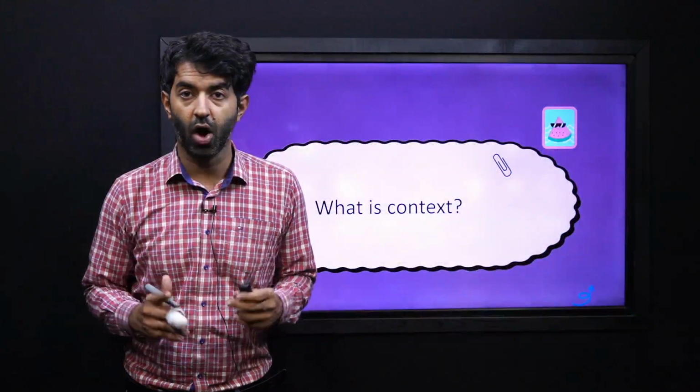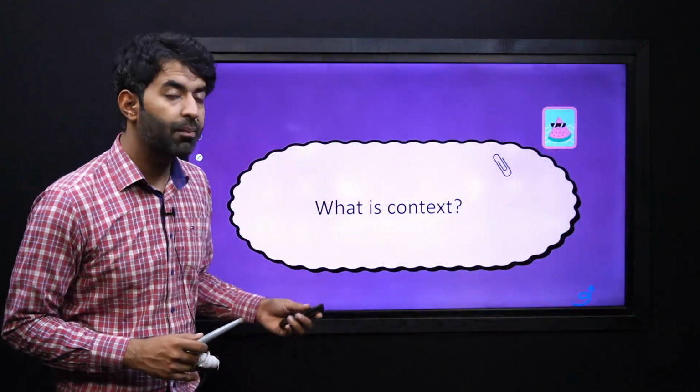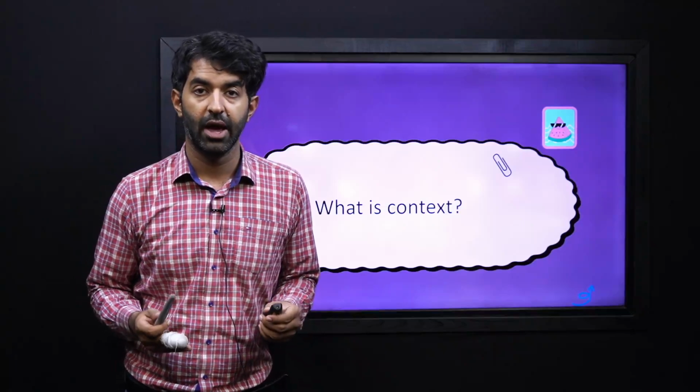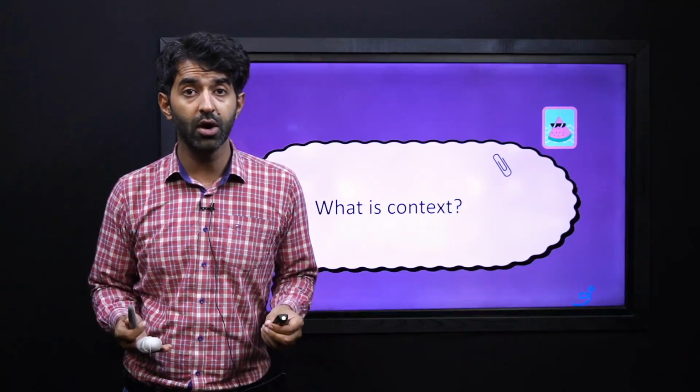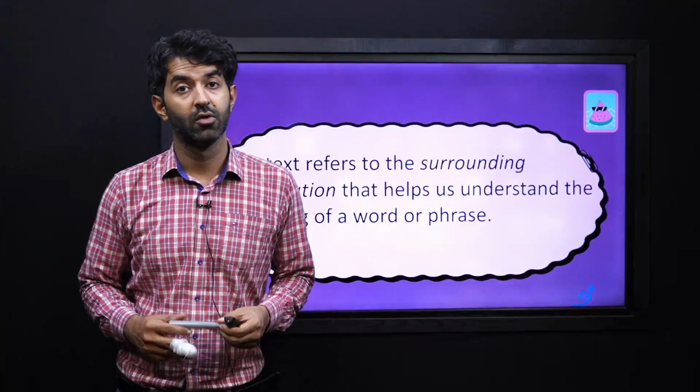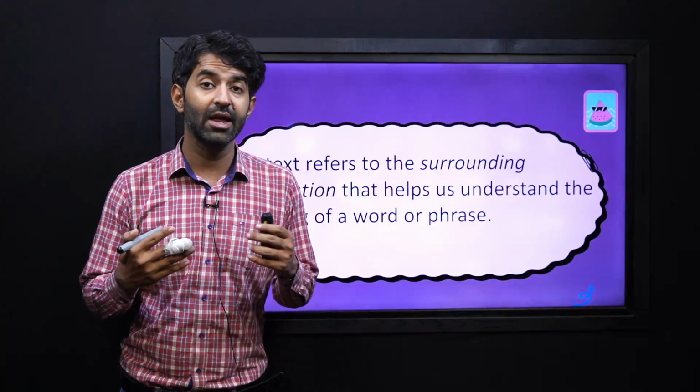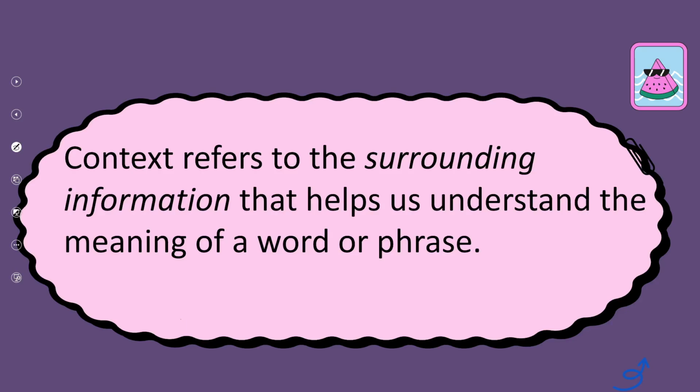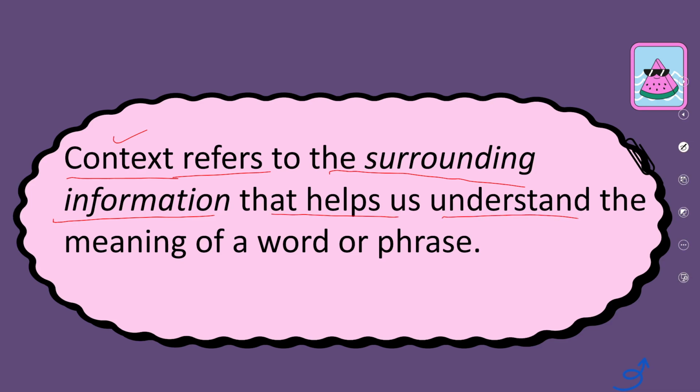Now let's move on. Let's talk about context. Have you ever heard this word before? If not, let's revise it, let's clear it with a definition. Context actually refers to the surrounding information that helps us understand the meaning of a word or phrase.